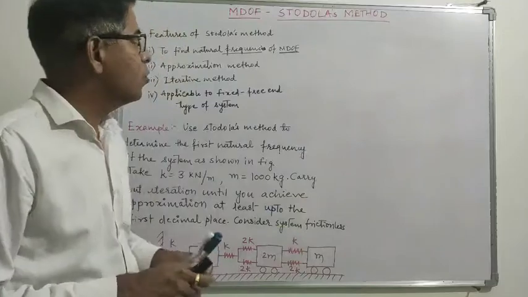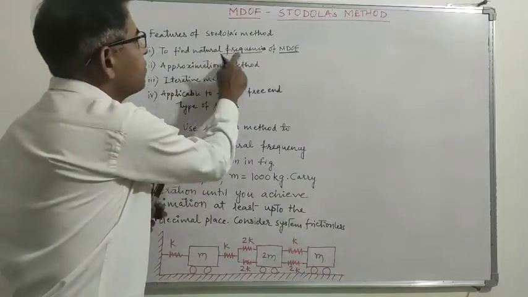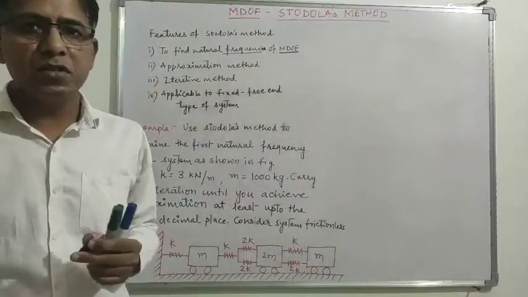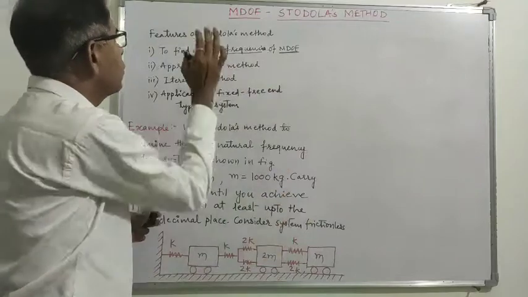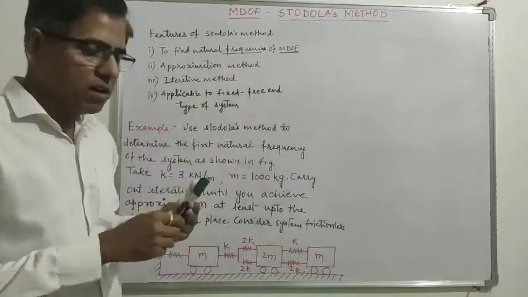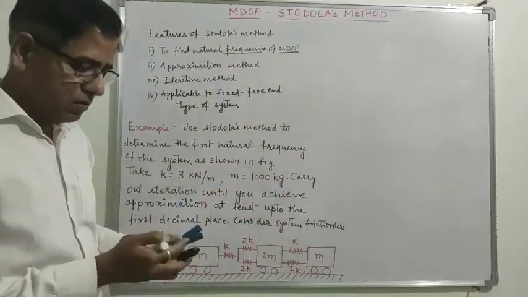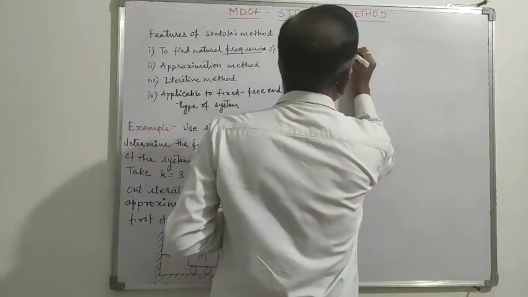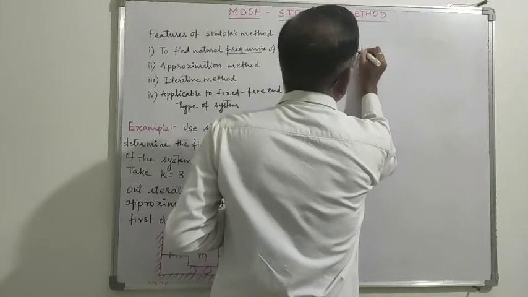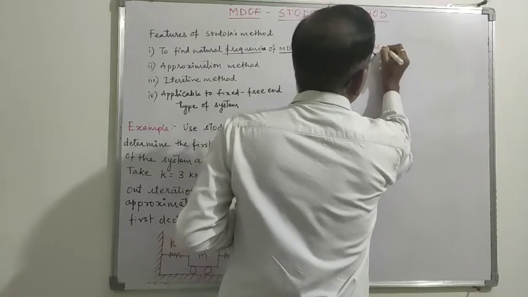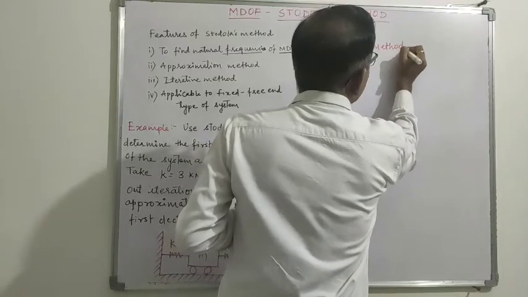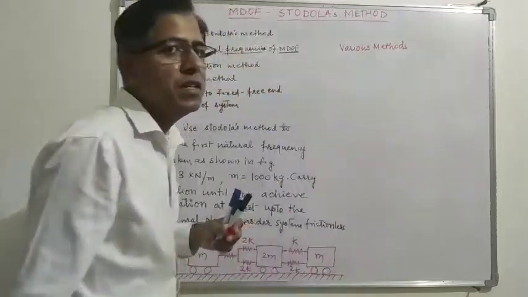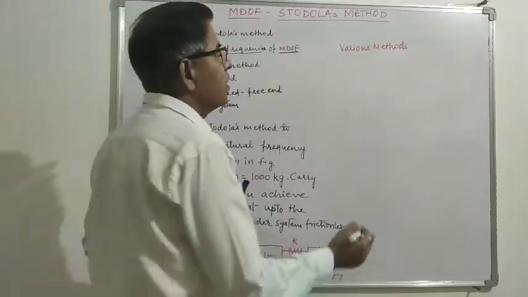So finding the natural frequencies of a multi-degree of freedom system is the purpose of Stodola's method. Now there are various different methods of finding the natural frequency of a multi-degree of freedom system.